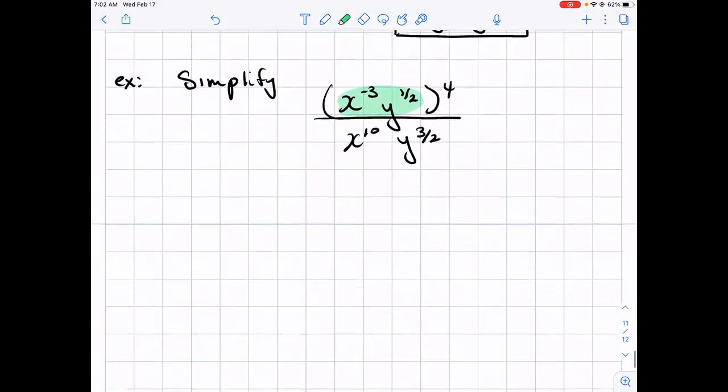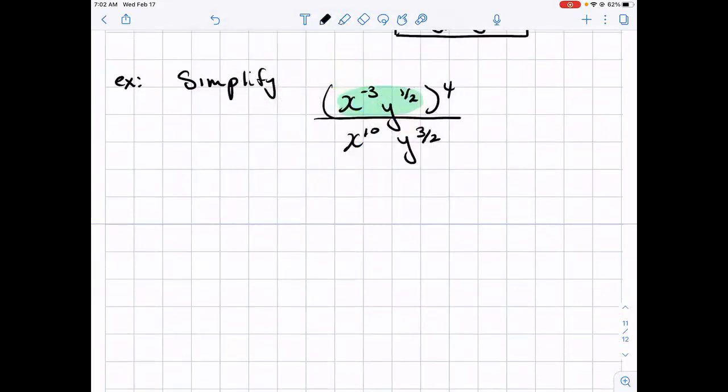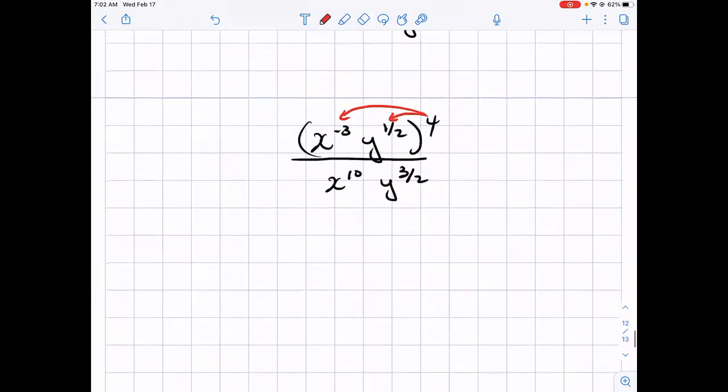So the only thing we can do now is to distribute that 4. So we have x to the -3, y to the 1/2, and this 4 power there. The denominator stays the same. And what I'm going to do here, I'm going to distribute that 4 to the -3 and that 4 to the 1/2.